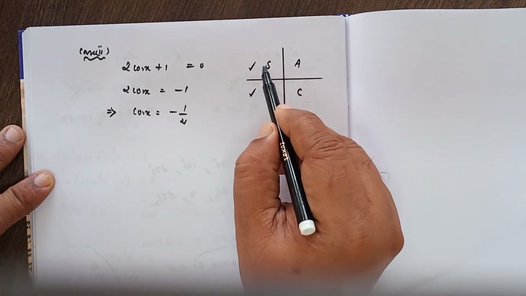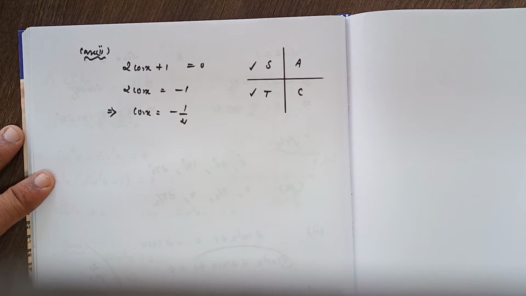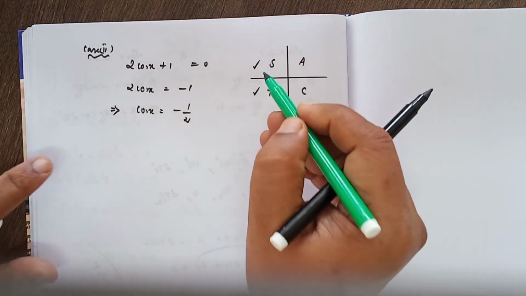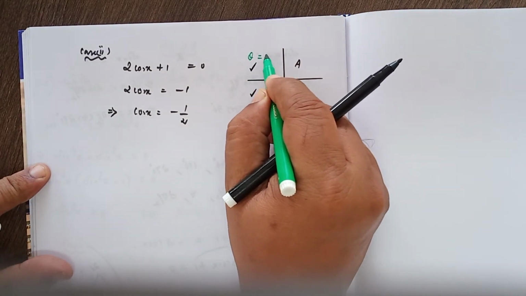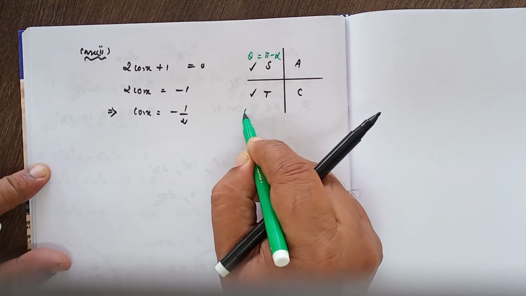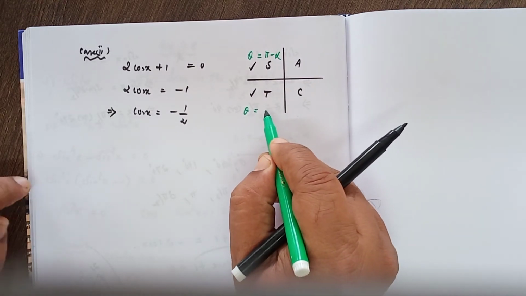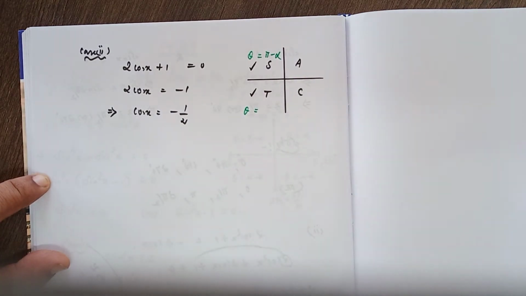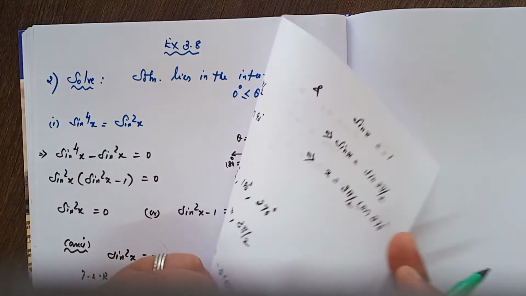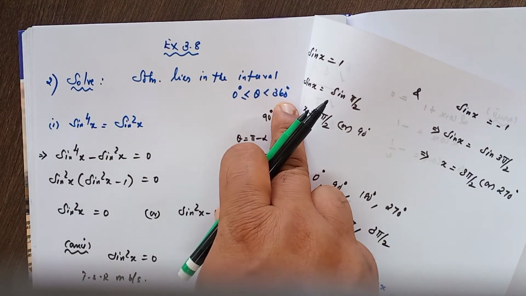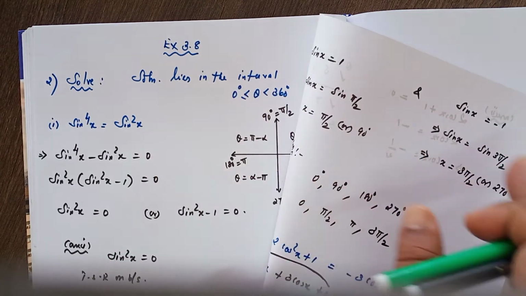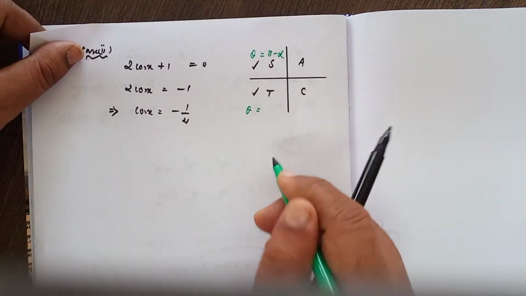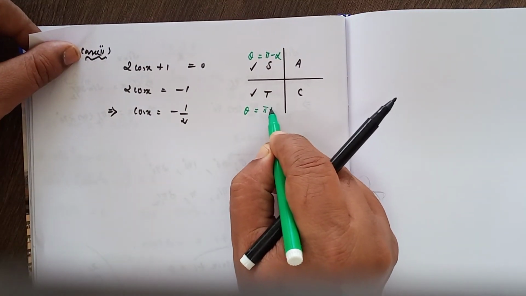So here you know very well that theta is equal to pi minus alpha. Already I have given theta is equal to pi minus alpha. Here theta is equal to, since you are given the interval 0 degree to 360 degree, it is an anti-clockwise direction. Here you have to consider this is pi plus alpha.